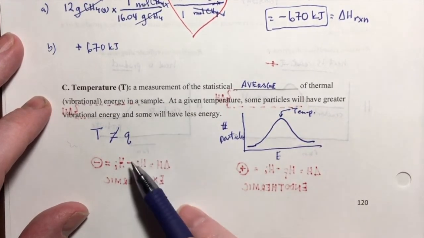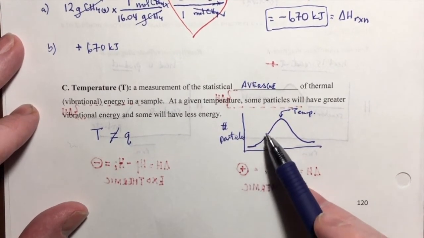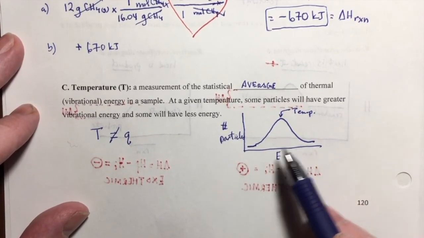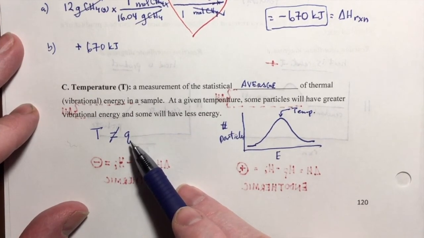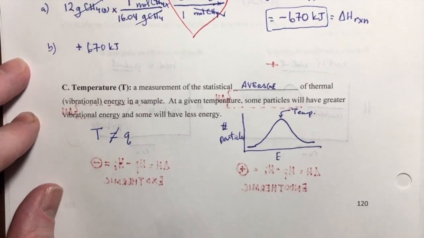So I just wanted to make sure that we are not confusing temperature, which is related to the statistical average of all this kinetic energy in a sample, and Q, which is specifically the amount of the heat energy. Okay? All right.